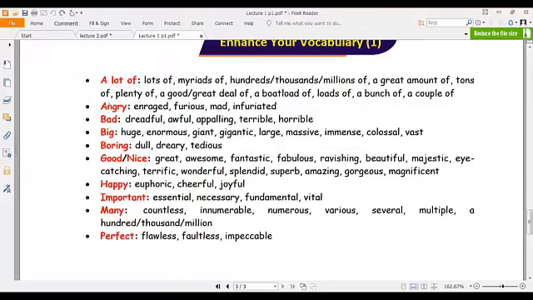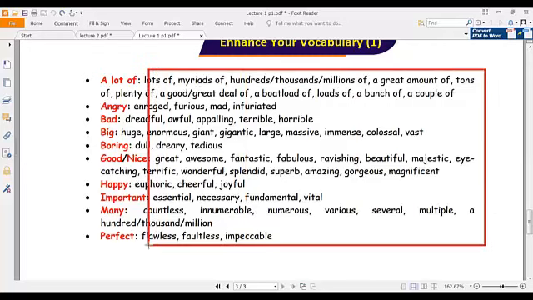Instead of saying angry, say enraged. Don't say bad, big, boring, good or nice, happy, important, many, perfect. So the red words are irrelevant to use in writing. Use better, stronger words from the right side. Clear what I need you to do?